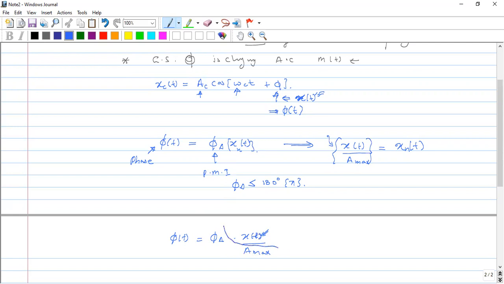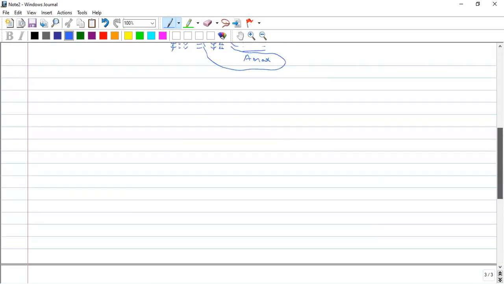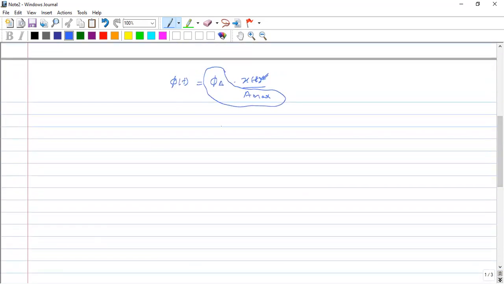If we consider this part as a constant, I think you can remember, we call it kp, so we can use the direct message x(t). Finally we can write our modulated signal as A_c cos(omega_c t + kp x(t)), instead of phi(t).